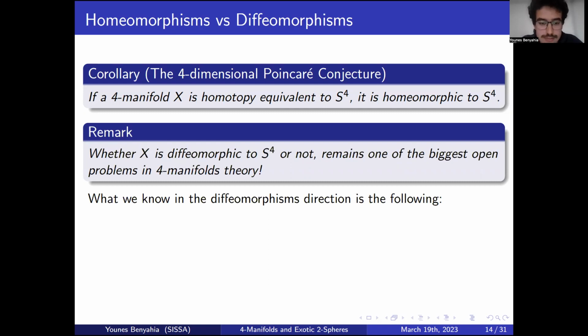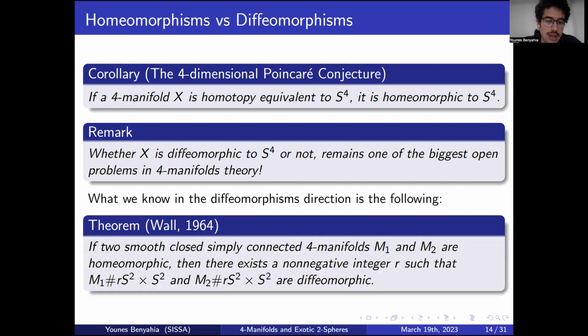four-dimensional Poincaré conjecture. But one of the things that we know in the smooth direction in general about the classification is that if you use Freedman and you get a homeomorphism between M1 and M2, then the theorem of Wall from 1964 says that there exists a non-negative integer R such that M1 connected sum with R copies of S2 times S2 and M2 connected sum with R copies of S2 times S2 are diffeomorphic.